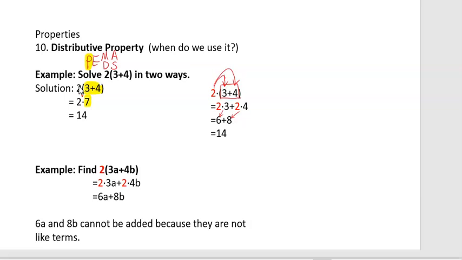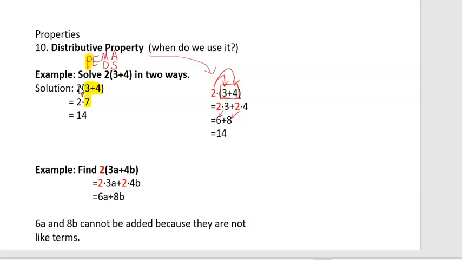The first method is following the order of operations. The second method uses the property called the distributive property. When we simplify expressions involving variables, we actually have to use the distributive property because the first method will not work. Let's take a look at this example: 2 times (3a plus 4b).